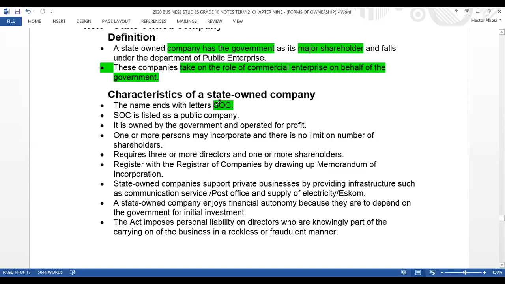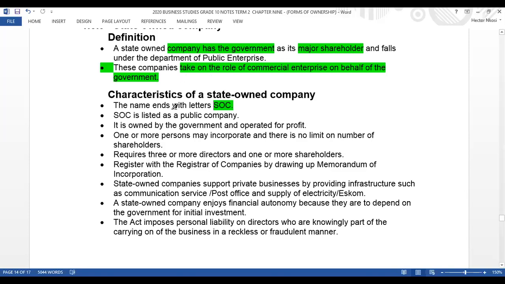So if it's written on a billboard, let's say, I'm just going to think of a name, maybe STEAM Digital School, SOC, it will tell me automatically, as a reader or a potential investor, that STEAM Digital School is a state-owned company.